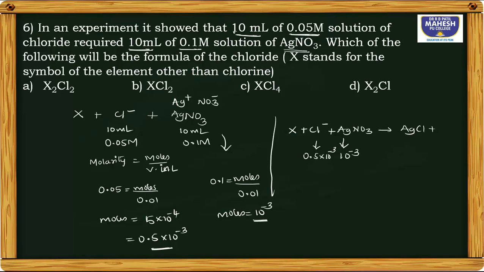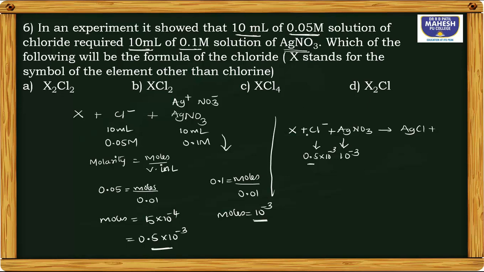They told that 10 ml of 0.05 molar solution of chloride is required to react with the 10 ml of 0.1 molar solution of silver nitrate. It means there is a complete reaction between these two. But the number of moles of chloride is half of this. So how to make it equal so that they can react completely to give AgCl?